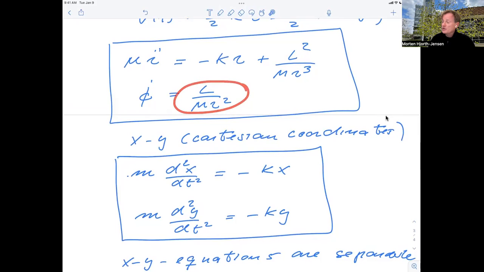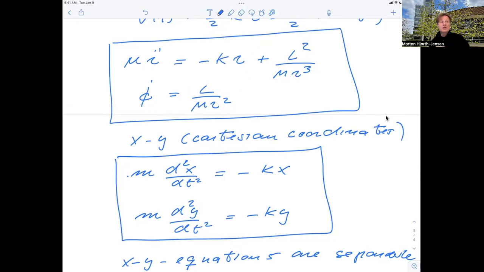So these two equations are what we normally call coupled differential equations. This means that the problem in Cartesian coordinates is an easy one to solve because the equations are not coupled, whereas when we move to polar coordinates, the equations are coupled. So the harmonic oscillator is a case where we don't gain anything by moving to polar coordinates.